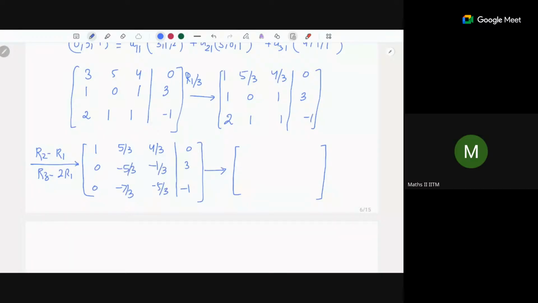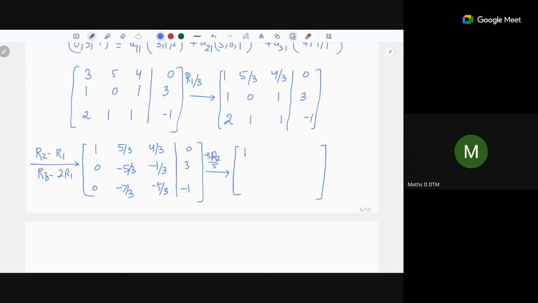Now what you can do, we divide R2 by minus 3 by 5.